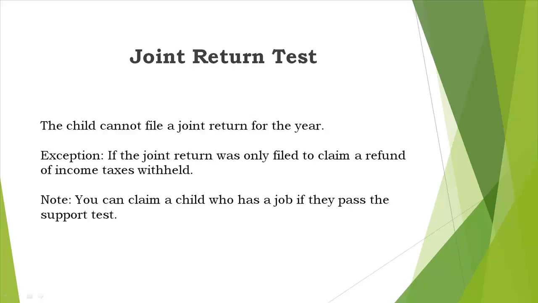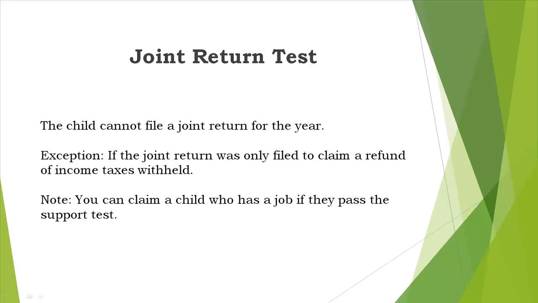The last test is the joint return test. The child cannot file a joint return for the year. That means that if the child is married, sometimes you may have grown children that live with you who may be married but they're not working. If they file a joint return only to claim a refund and they don't have any tax liability, then you can still claim them.